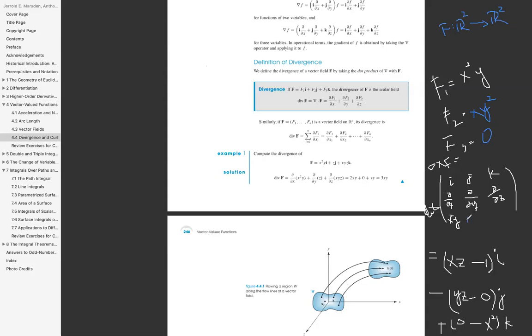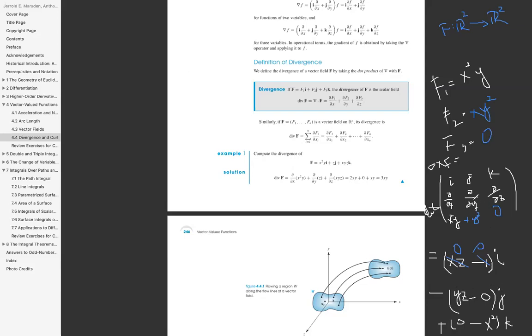This is xy squared, and this is 0. For the i component, partial y of 0 is 0, minus partial z of xy squared, which is also 0. So there is no i component in the curl.